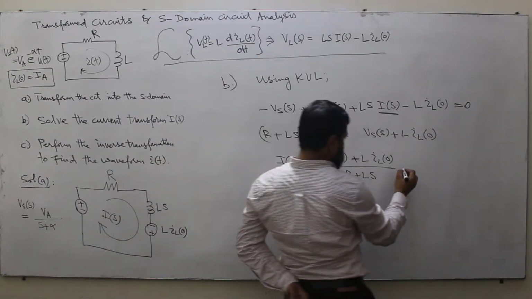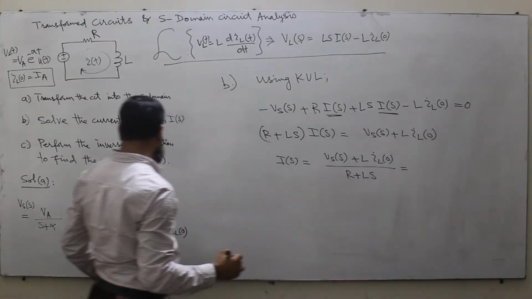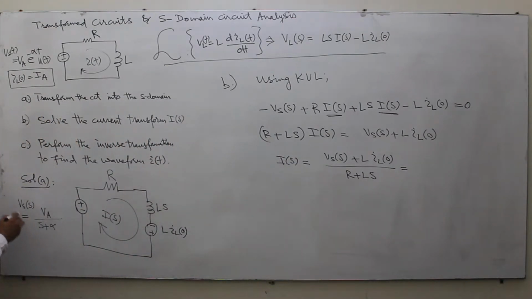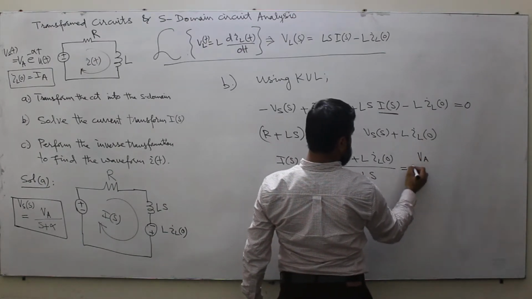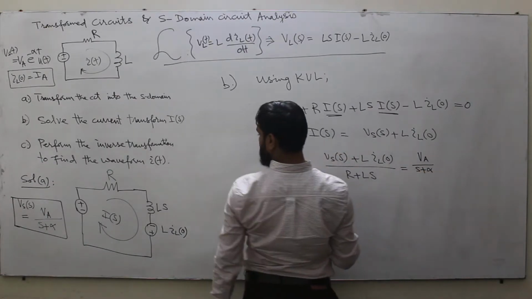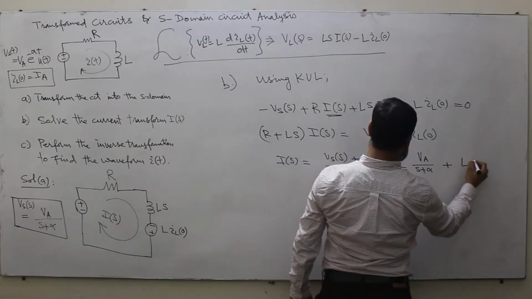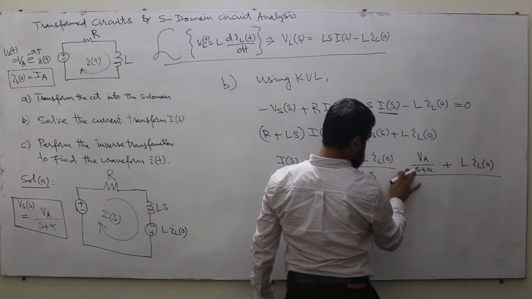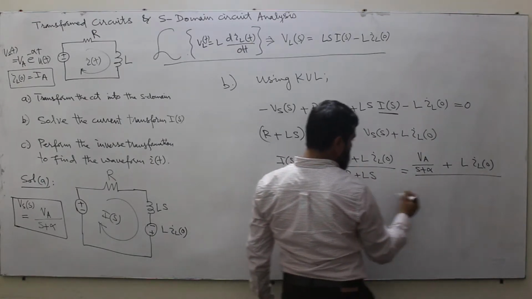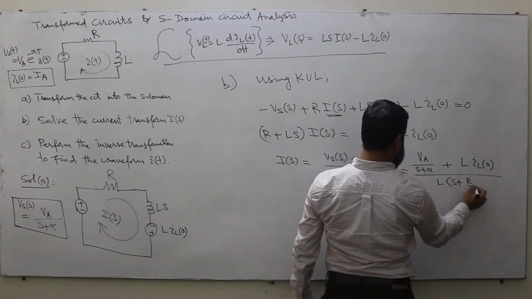In this one we can actually further simplify it. We can also substitute the value for Vs of S, which is VA over S plus alpha, plus L into IL of 0, divided by L times S plus R over L, where we take L common.